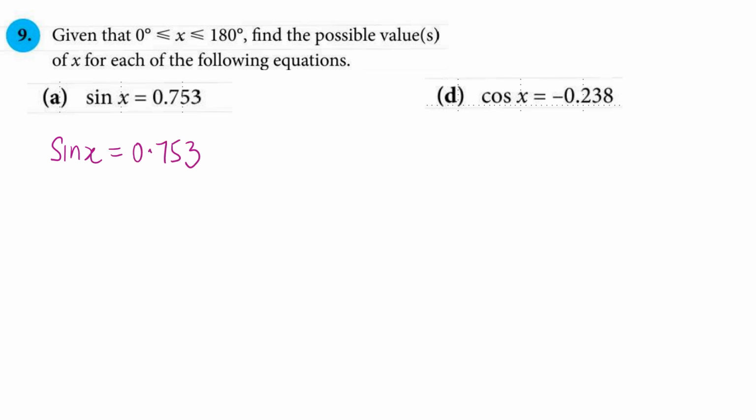We all know that there are two possible angles. If you have forgotten why, please refer to the earlier slides. But I don't think your memory is so short, because it's just 10 minutes ago that we learned that. So for sine, it's possible to have two angles. One is acute.